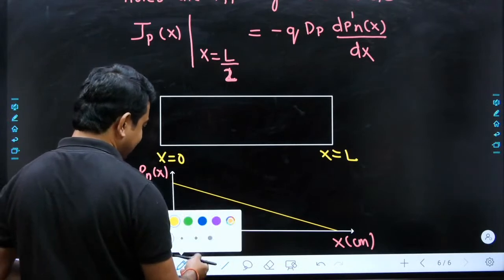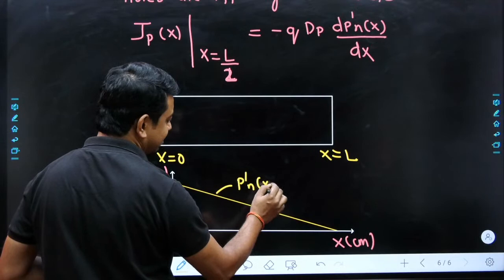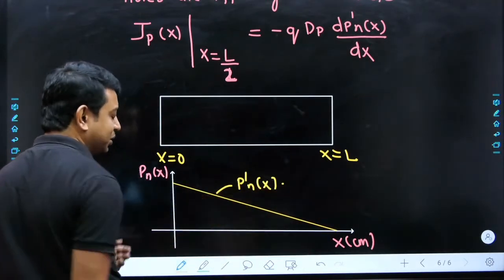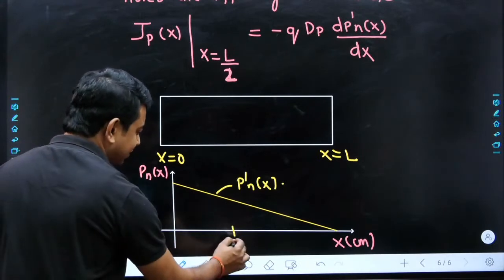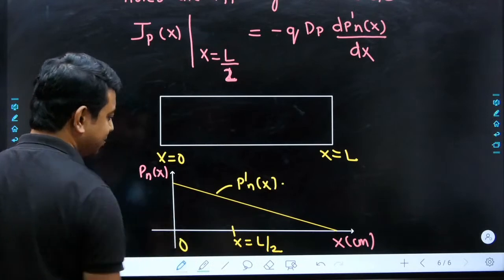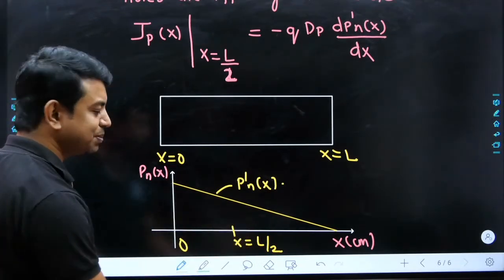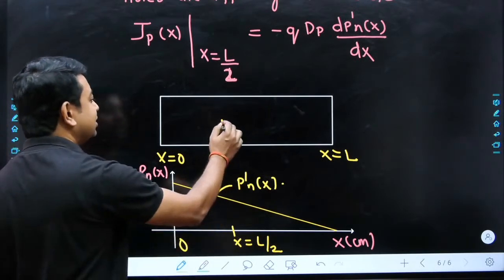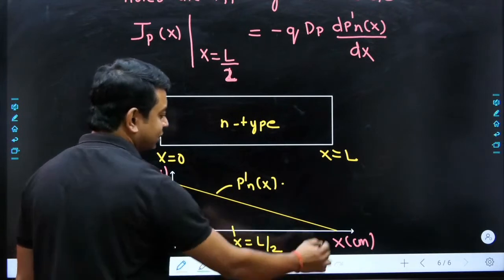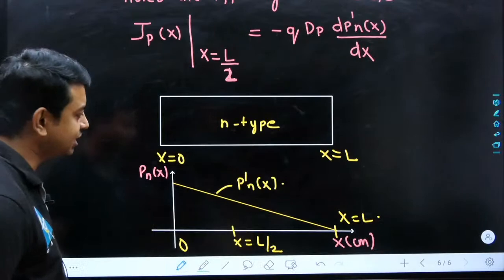This is the concentration p dash n, which changes with respect to x, and it goes to 0 at distance x is equal to L. We have some point, x is equal to L by 2, somewhere here. So this is the concentration of excess minority charge carriers within this N type semiconductor, which goes to 0 at x is equal to L. This is what is given in the question.